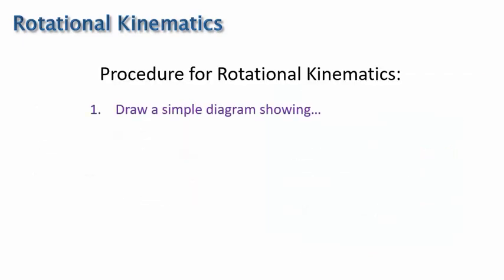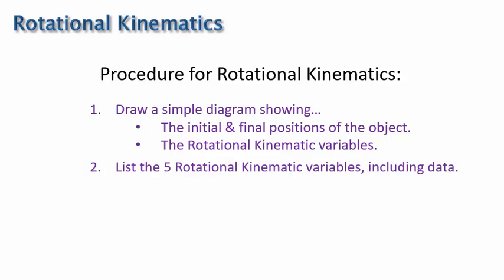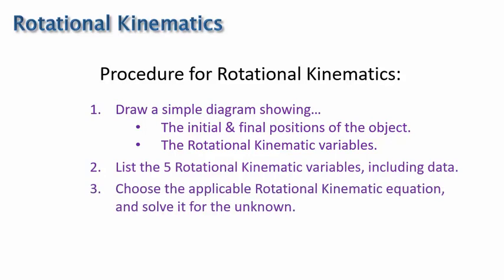Specifically, draw a simple diagram that shows the initial and final positions of the object and the rotational kinematic variables, then list the 5 rotational kinematic variables, including the data that were given, and then choose the applicable rotational kinematic equation and solve it for the unknown. And then finally, as usual, make sure that your answer is reasonable.